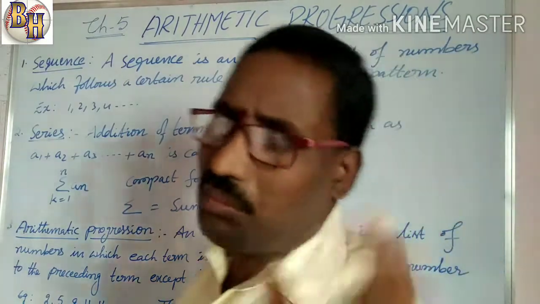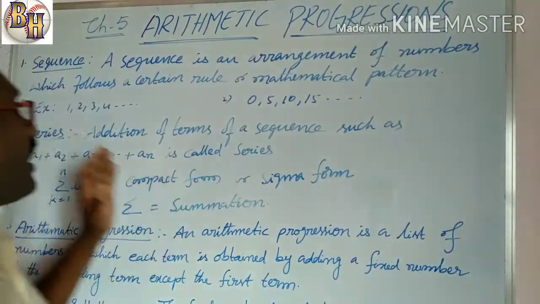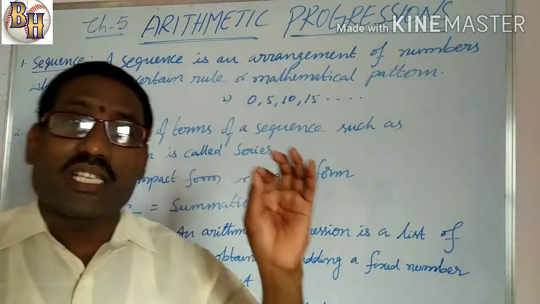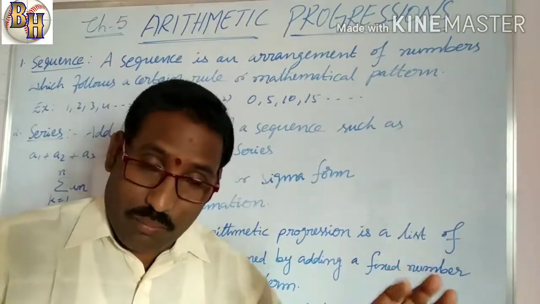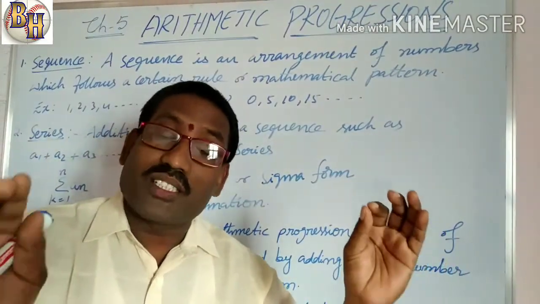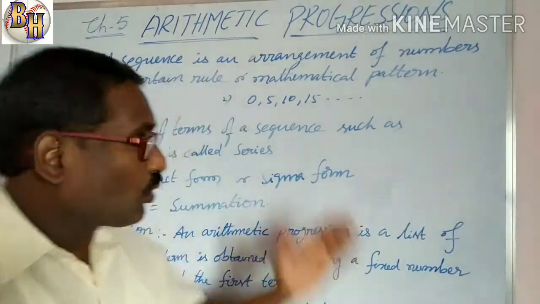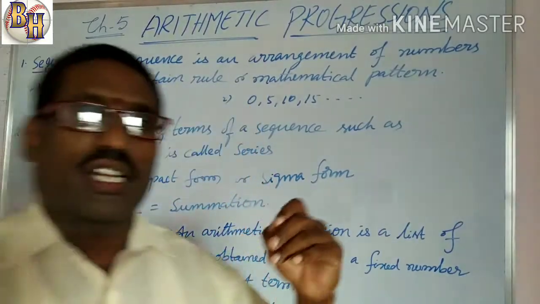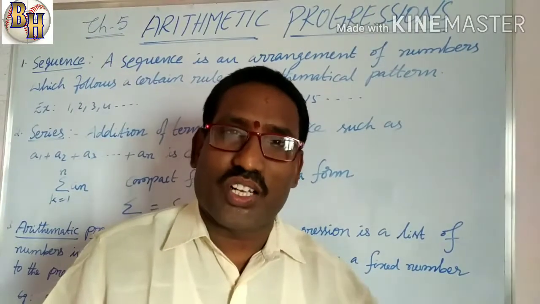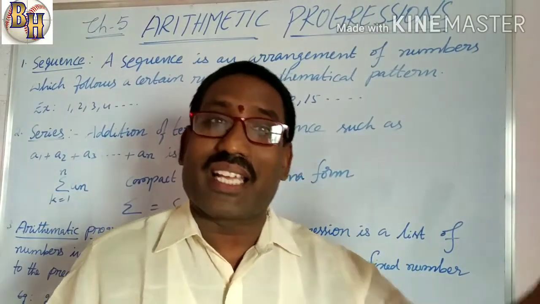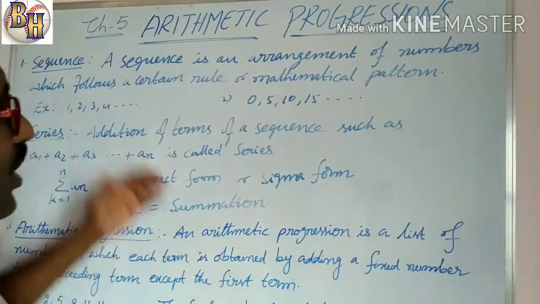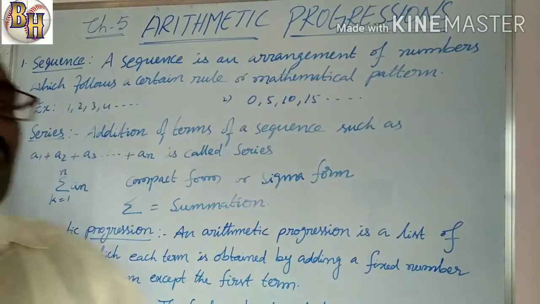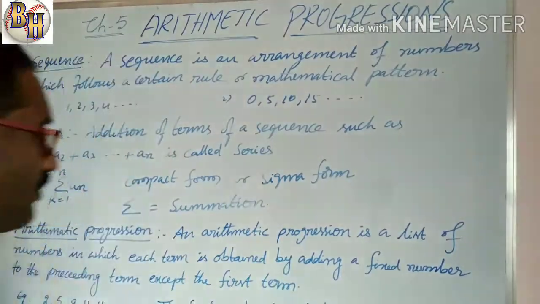You can take any numbers like that. A sequence is an arrangement of numbers, but you should follow one certain pattern. Not only these numbers, you can take cubes also: 1 cube, 2 cube, 3 cube. Anything you can take. That is called a sequence.